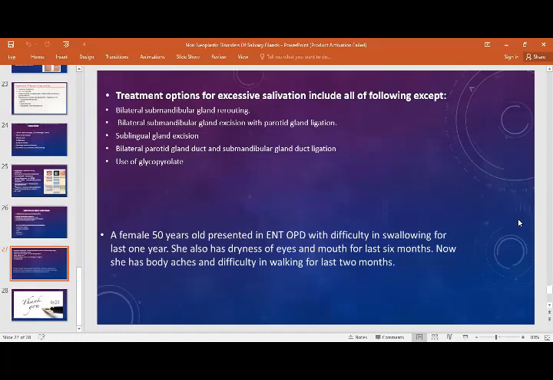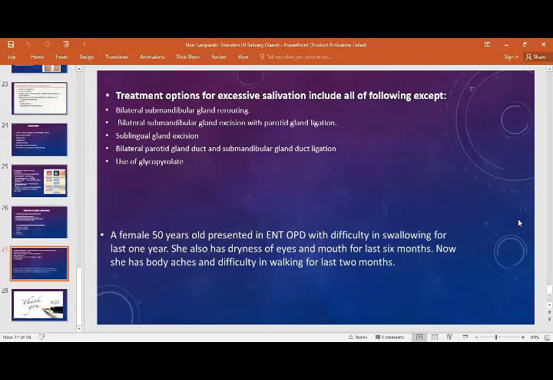In the case of treatment options for excessive salivation, include all of the following except: definitely we need bilateral submandibular gland rerouting, and bilateral submandibular gland excision with parotid gland ligation; these are the treatment options for excessive salivation. But the correct answer is sublingual gland excision, because we don't need it here.